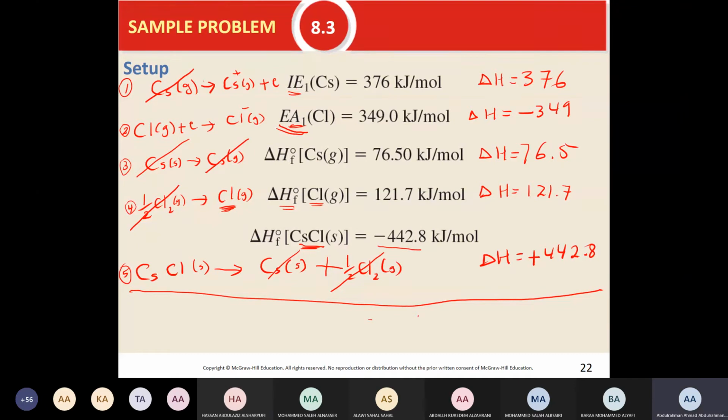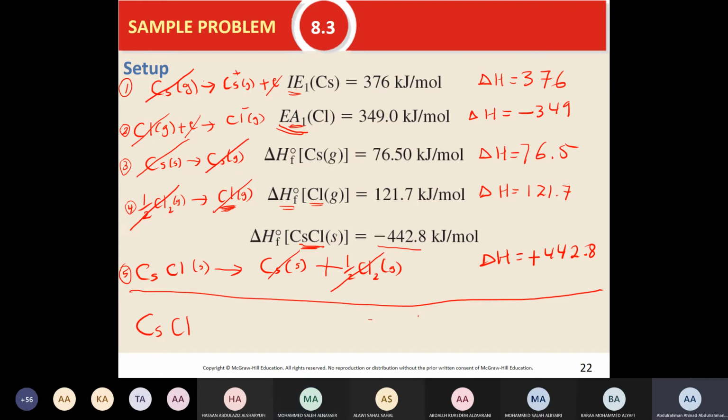Okay, what else can you cancel? Cs gas with 4. What else can you cancel? Electrons, exactly. What will be left? Cs plus, Cl minus, and CsCl.